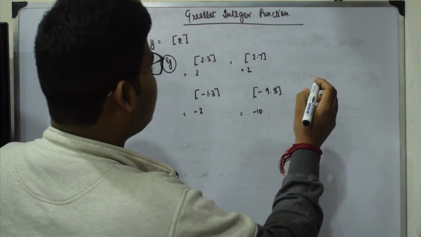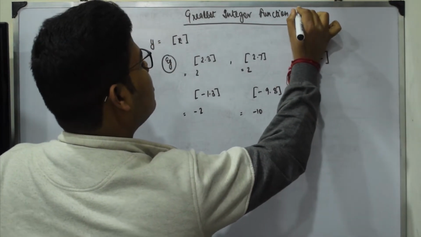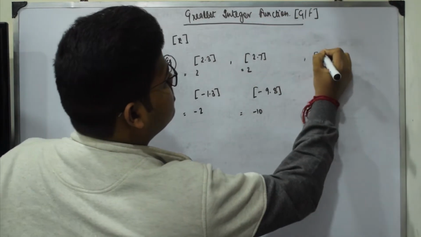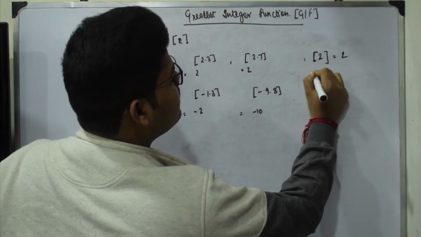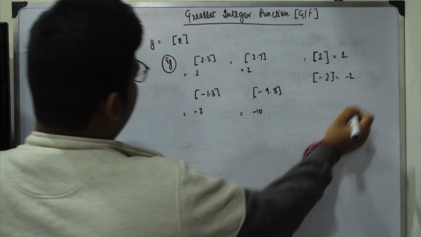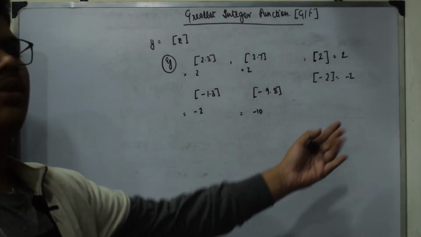Equal to, when I say, I mean for example GIF of, this is also called GIF. So GIF of 2 is 2 itself, or GIF of minus 2 is also minus 2. This is what the greatest integer function is all about.